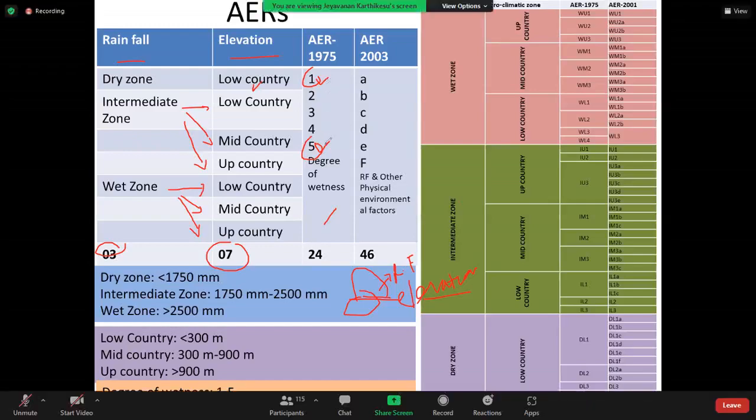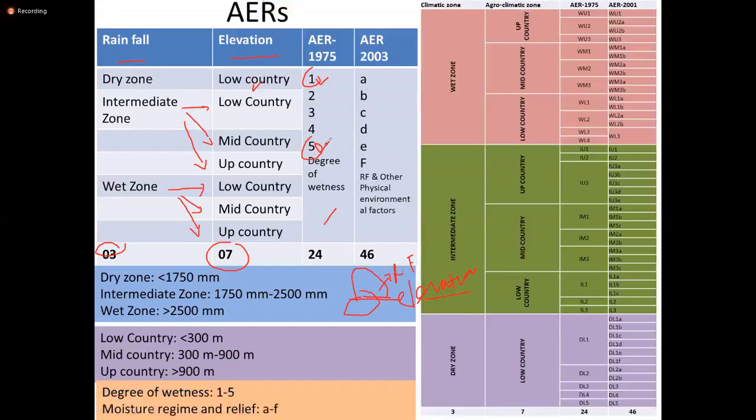As it goes down, the degree of moisture or wetness decreases. Understand? Based on this degree of wetness, Sri Lanka is divided into 24 agroecological regions. This was the early classification used in 1975.